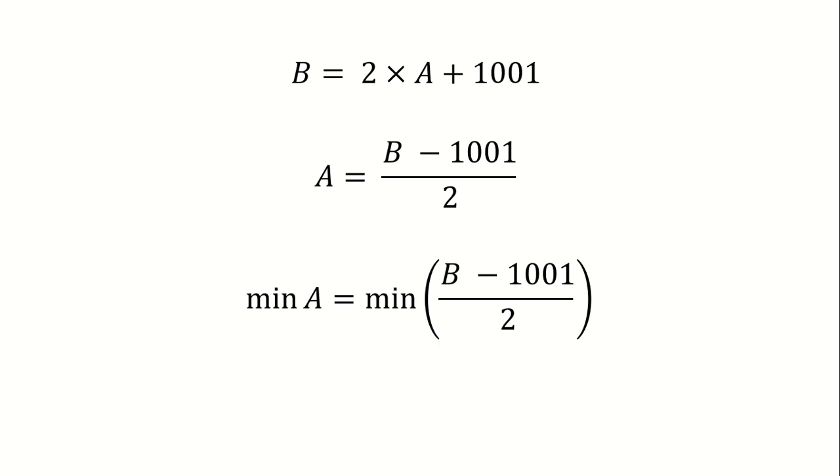But the question asks us the minimum positive of a. So the minimum positive of a is equal to the minimum positive of (b minus 1001) divided by 2. Or we just need to get the minimum of b minus 1001. But how to get this?